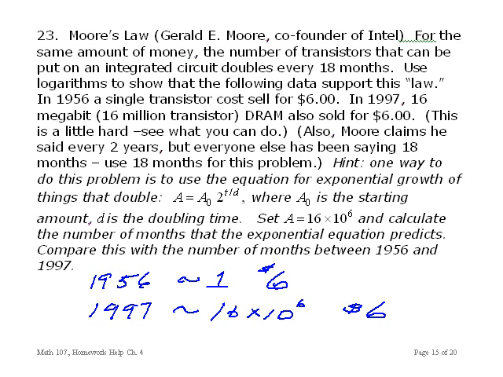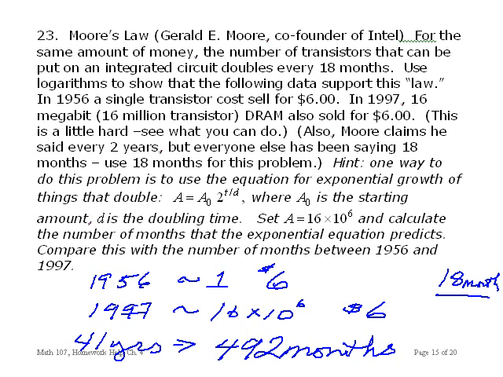Remember, 10 to the 6th is a million. And now you want to see if the law holds, and the law said 18 months for this doubling time. So what we're talking about is time in months. So let's figure out how many months there are between 1956 and 1997. Turns out that's 41 years, which is the same as 492 months.